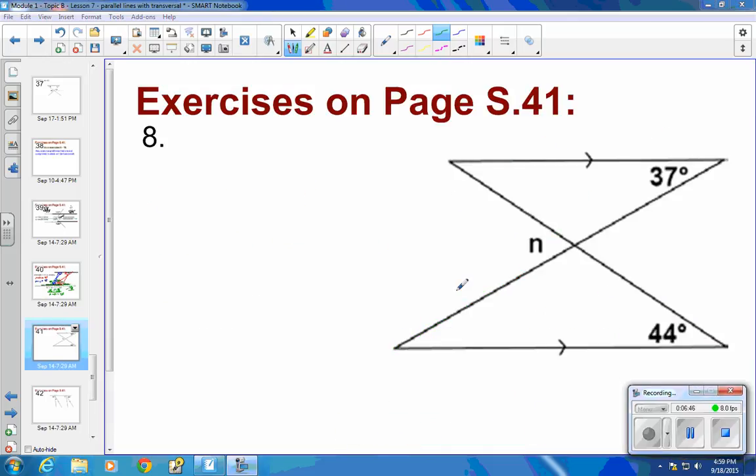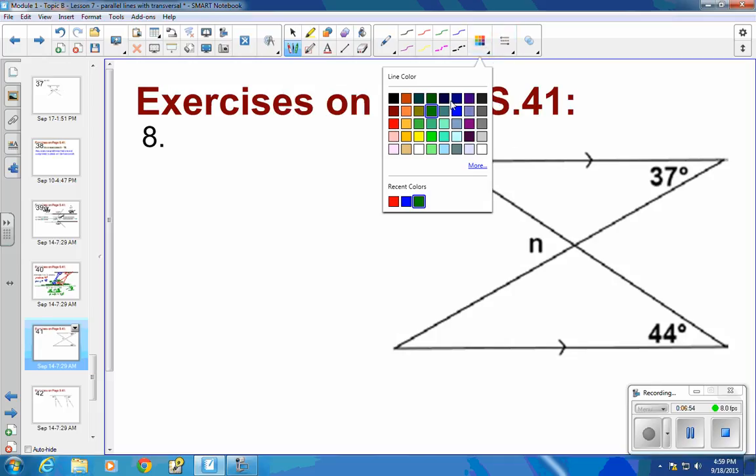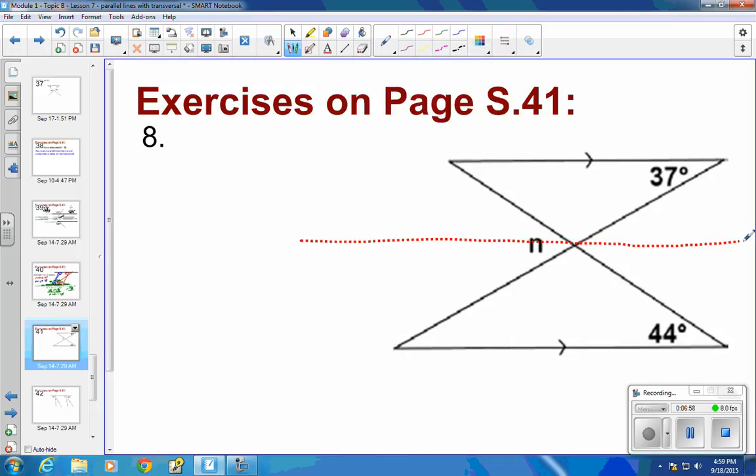Okay, our next picture. This one needs another auxiliary line. Again, you should be pausing these and trying to do these on your own before you just jump in here and watch me do them. So if I put in my auxiliary line right there, then if I have 37 degrees up here and I go alternate interior, that would put me right down here.